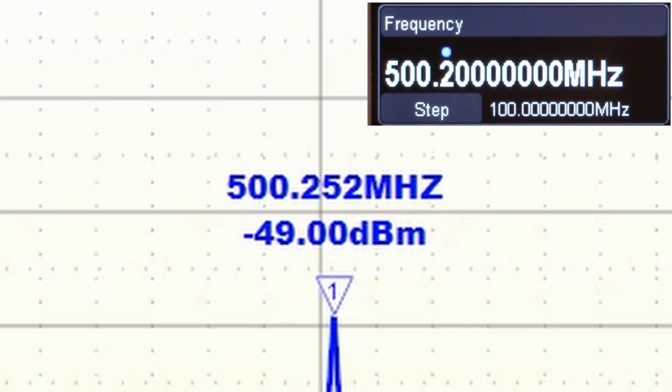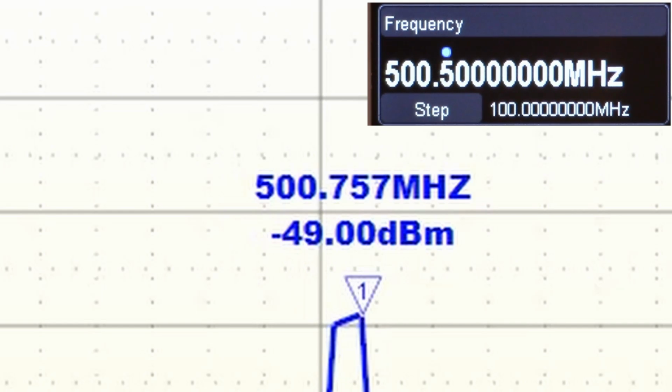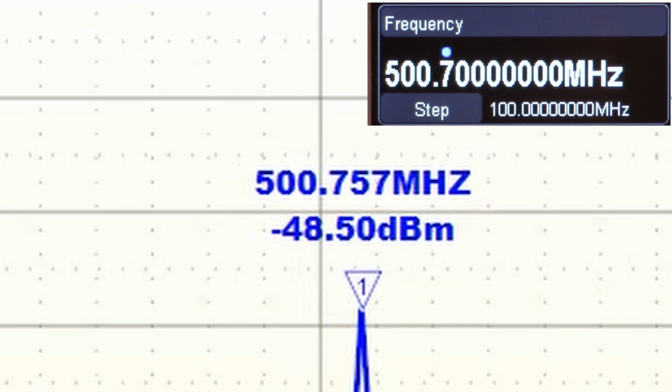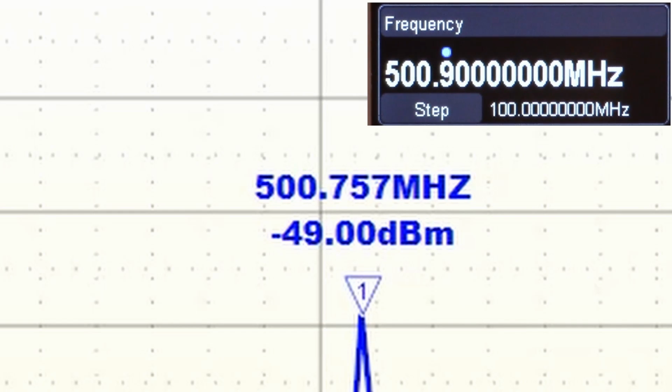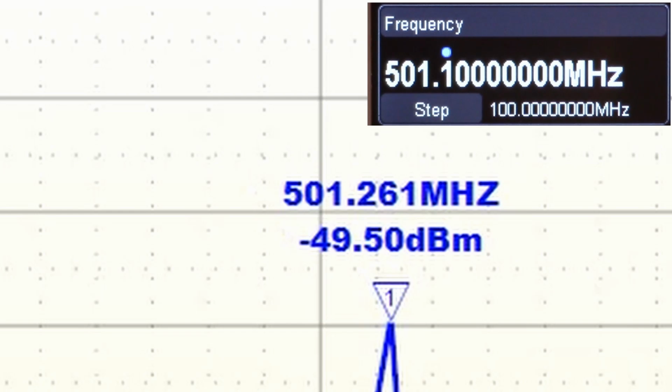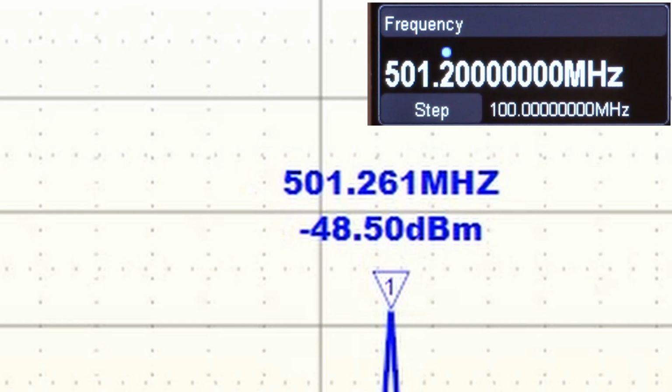Up 0.2, still nothing has changed. 0.3, 0.4, 0.5, now it changed. 0.6, 0.7, 0.8, 0.9, 1 megahertz. One more, there it goes, it finally changed. So on and so forth.